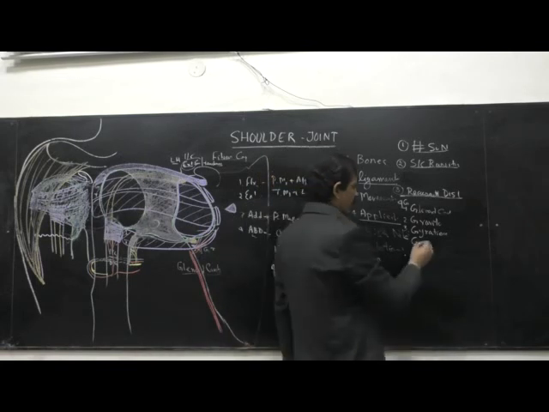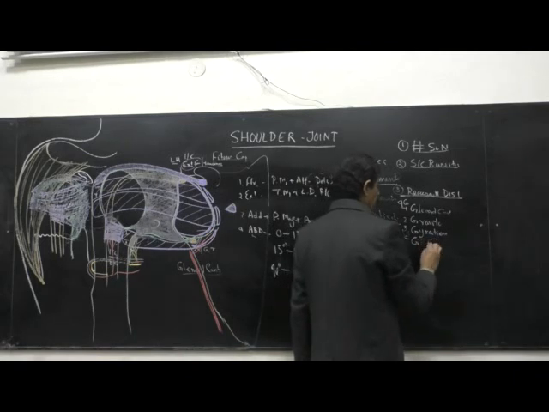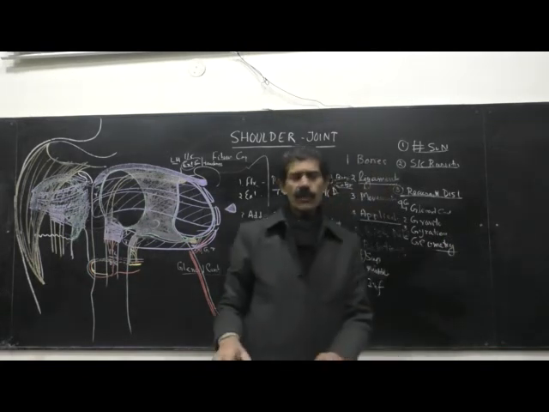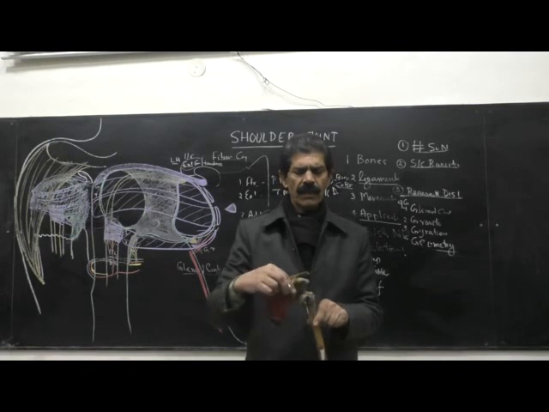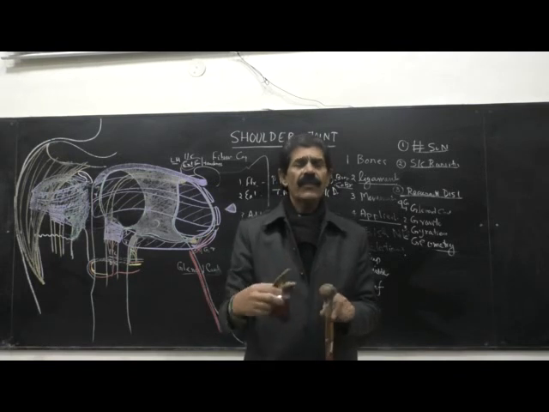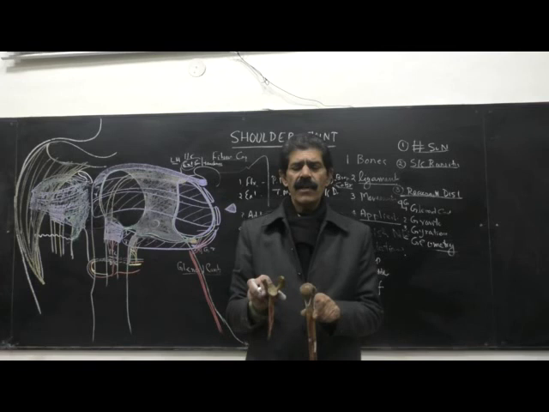Then geometry. The geometry of this shoulder joint is not congruent. The head of the humerus is spherical, and the glenoid cavity is triangular, so there is no match between the two.